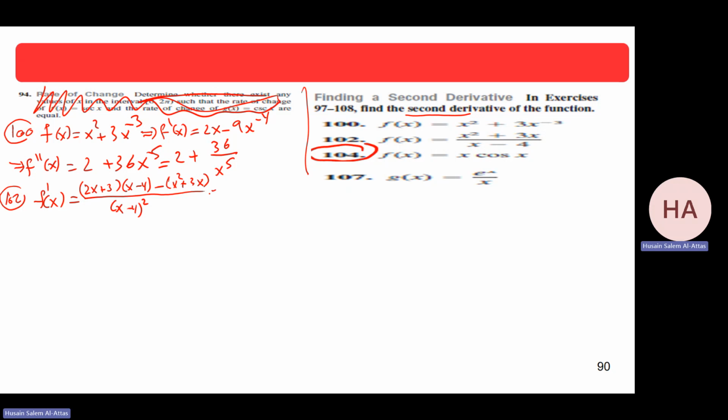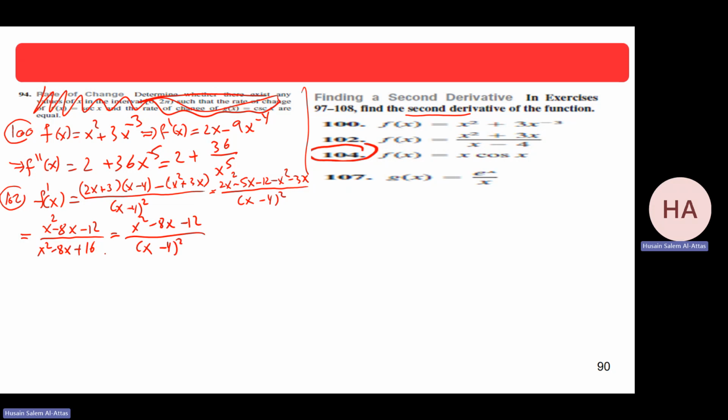In other words, this is 2x squared minus 5x minus 12 minus x squared minus 3x over x minus 4 squared. In other words, this is x squared minus 8x minus 12 over x squared minus 8x plus 16, or I can write it x squared minus 8x minus 12 over x minus 4 squared.